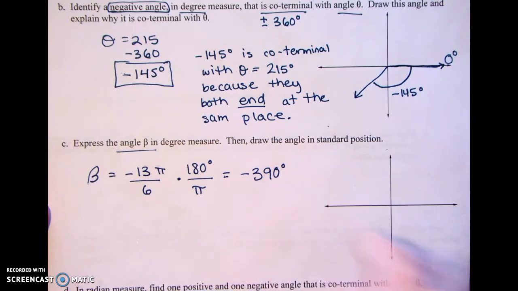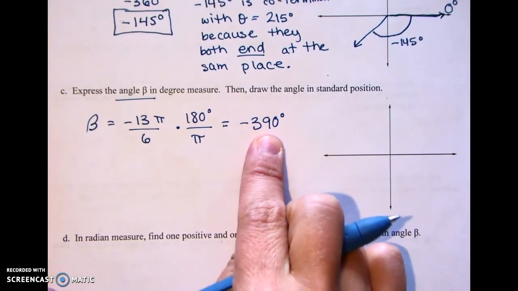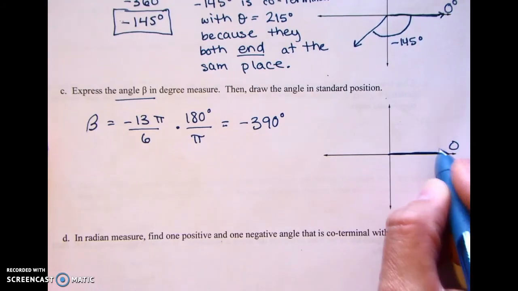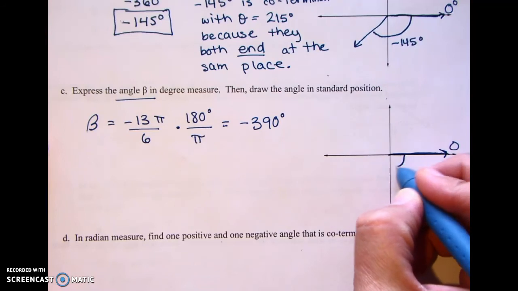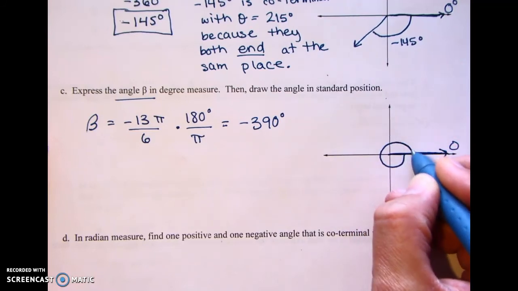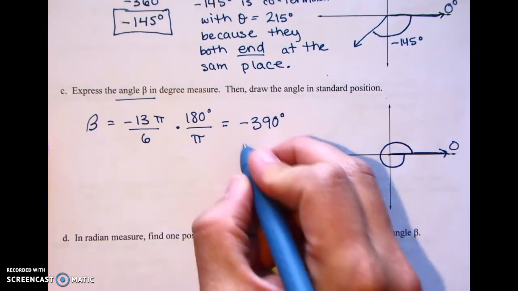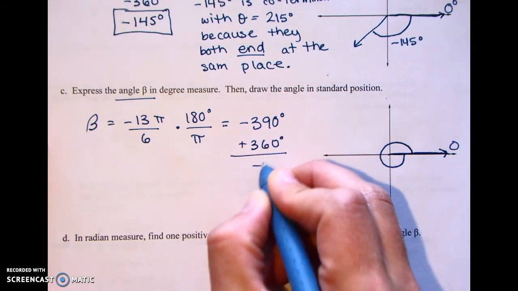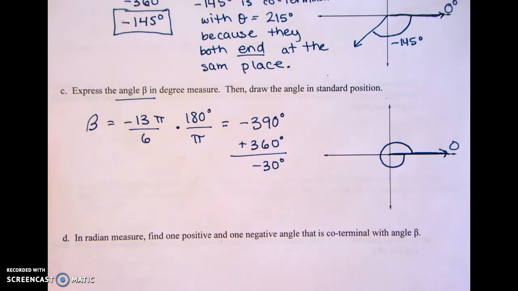Draw this angle in standard position. They're not telling us to rewrite it, so we're just going to draw this one. Starts at 0. It's negative, so what direction do we go? We go down and we go all the way around in 360. And then how many more degrees do we need to go? Another 30 degrees.